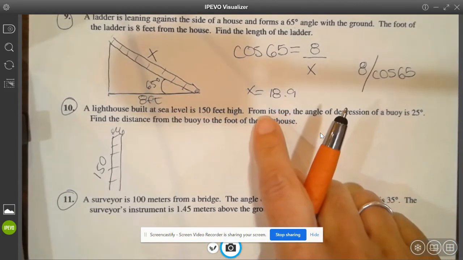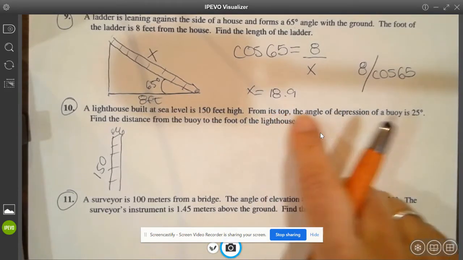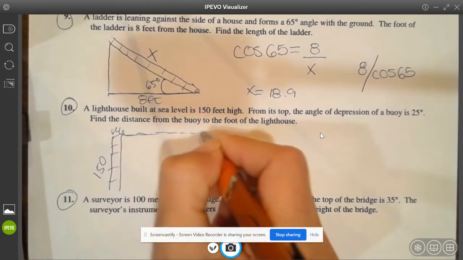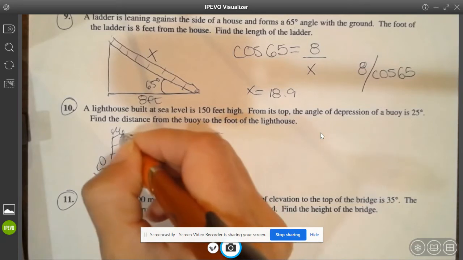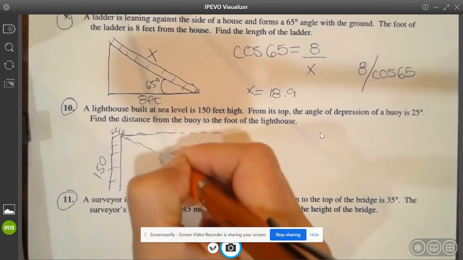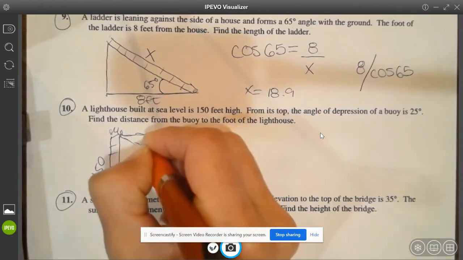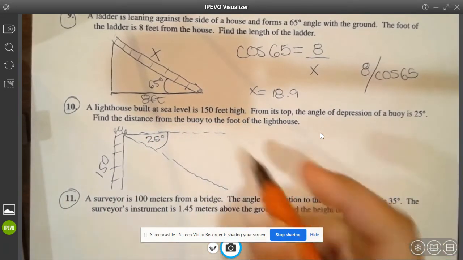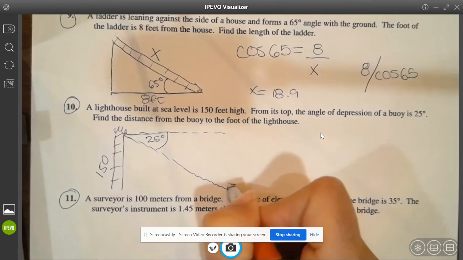And then it says, from the top, the angle of depression. So from the top, there's that straight line. And then from the top here, this is the angle of depression, which is 25. And there's a buoy here in the water floating, right?